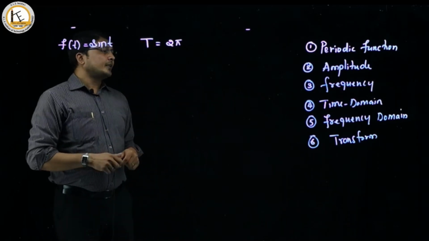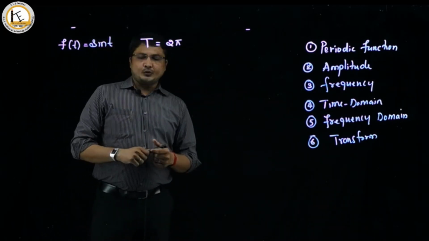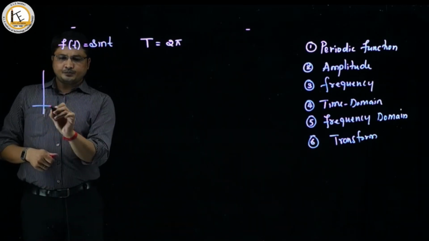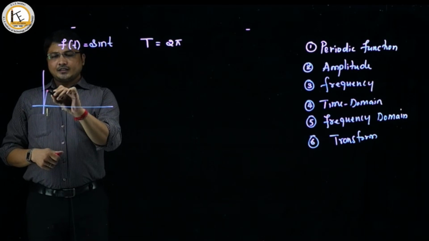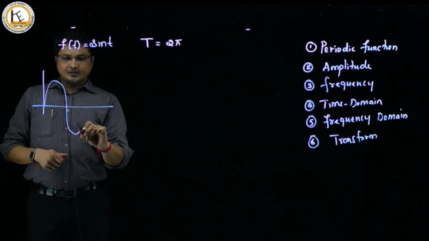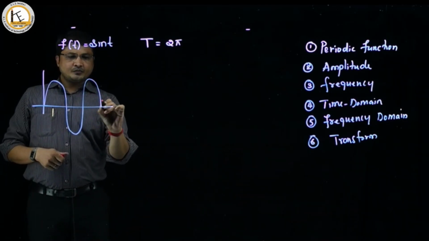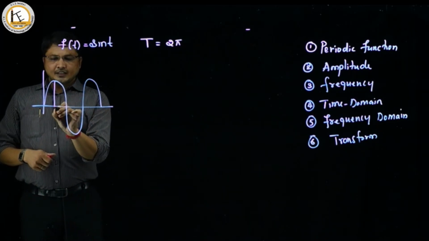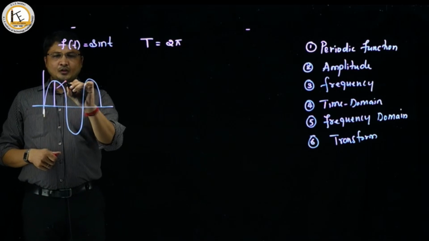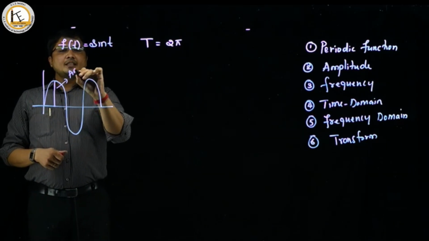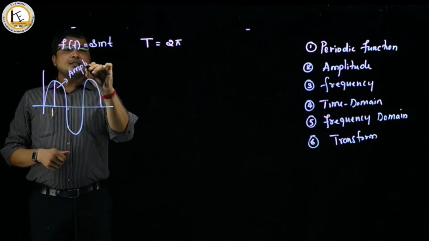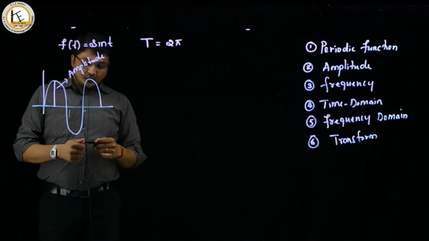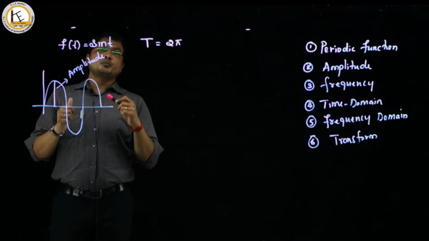In a similar way, what is amplitude? I will draw a graph here. Assume that this is the curve, and this I will consider as the mean position. So amplitude is nothing but the maximum displacement of a curve from the mean position.